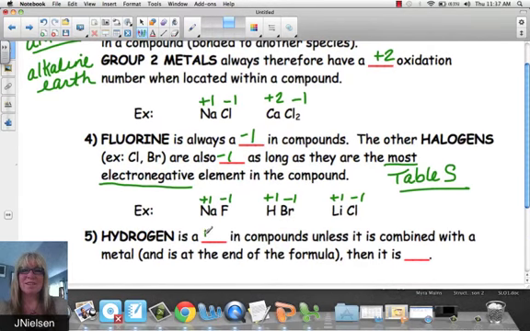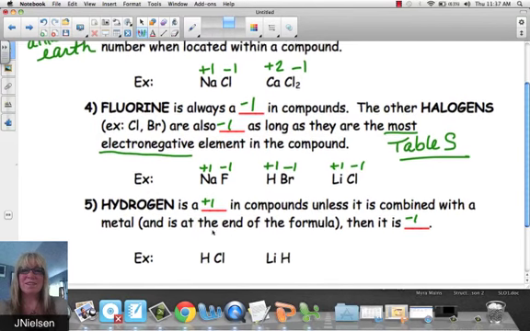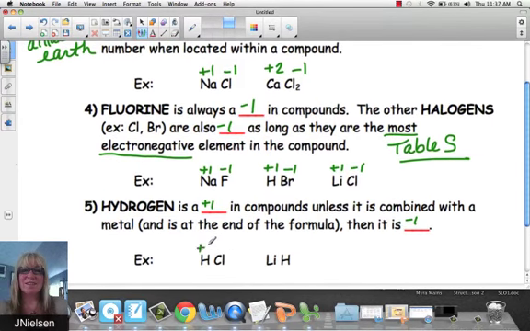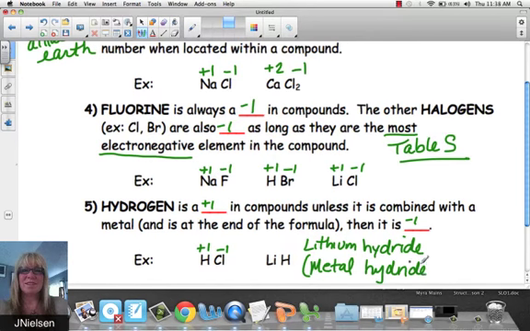Hydrogen is going to be +1 in compounds unless it is combined with a metal and is at the end of the formula. Then it is -1. So here this is +1, -1, but here this is called lithium hydride, and it's called a metal hydride, and that's because lithium is a metal.